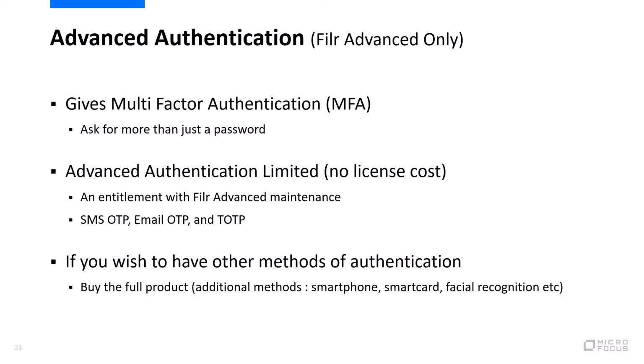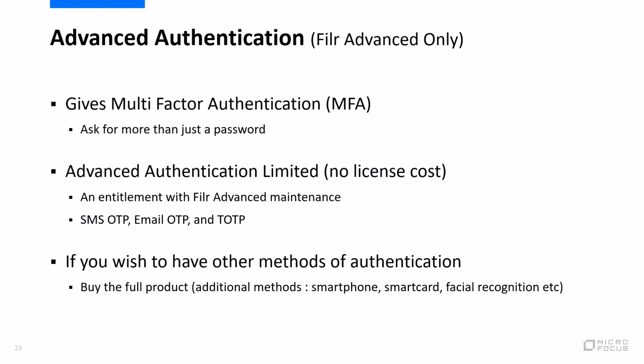Something that's available with Filer Advanced only is Advanced Authentication. And indeed, with Filer Advanced, you do get a license for Advanced Authentication Limited with your maintenance. So no additional cost. You can start using multi-factor authentication to get access to your environment.